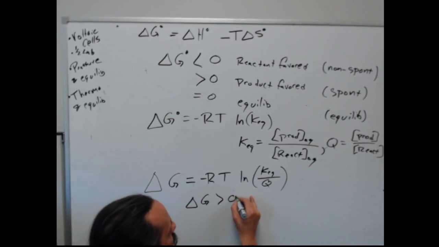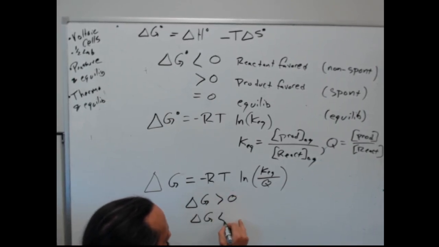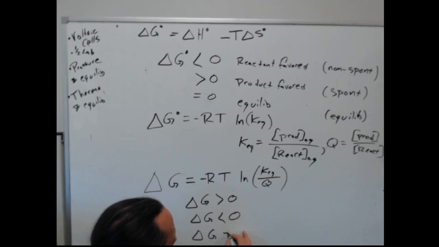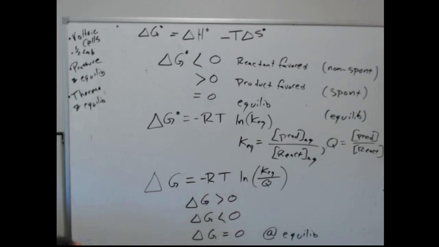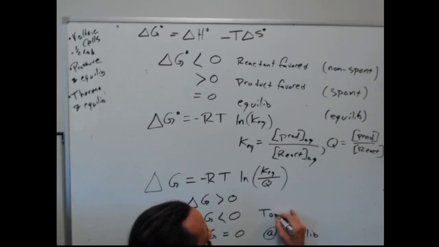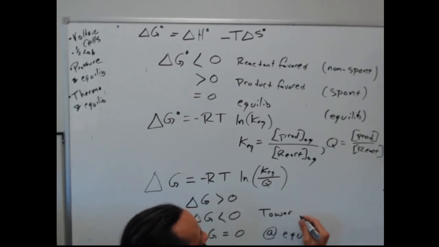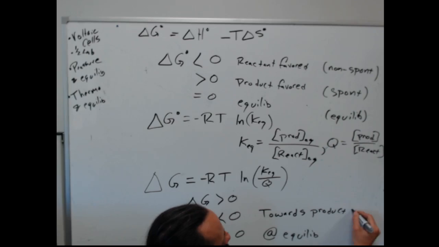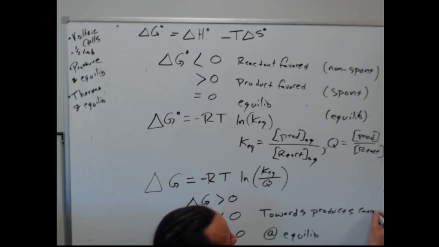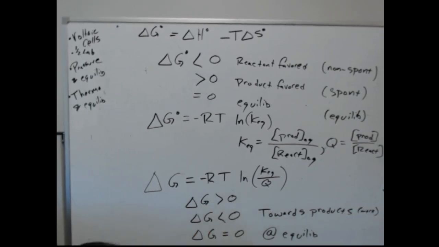where we've got, again, delta G greater than 0, delta G less than 0, delta G equal to 0. And delta G gives us this kind of how are we going to change in order to get to equilibrium? So a delta G less than 0 would tell us we need to move towards products more, right?